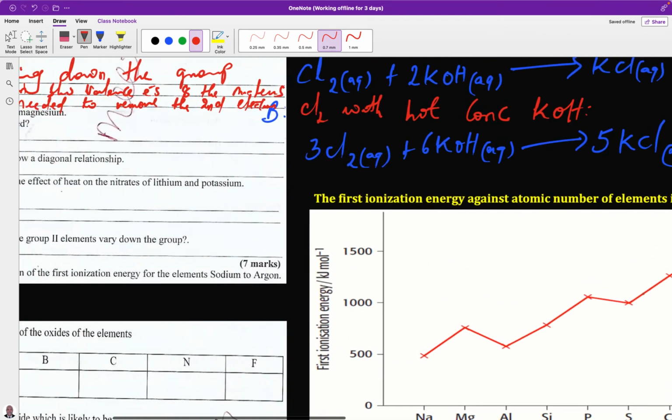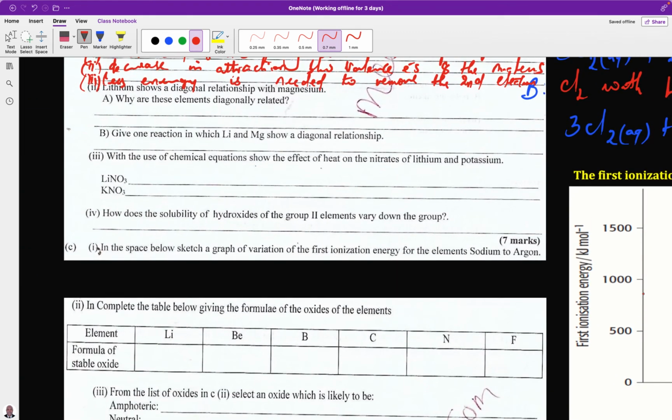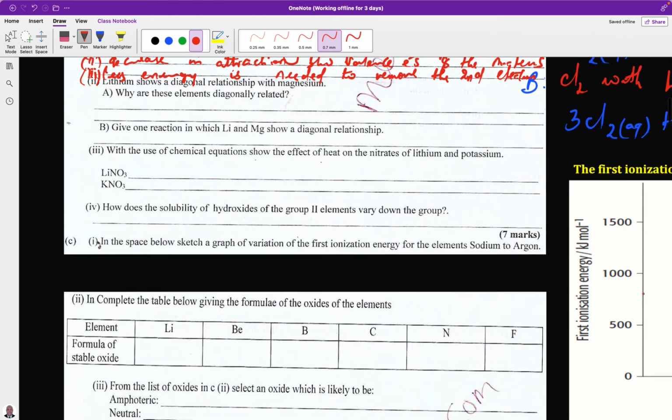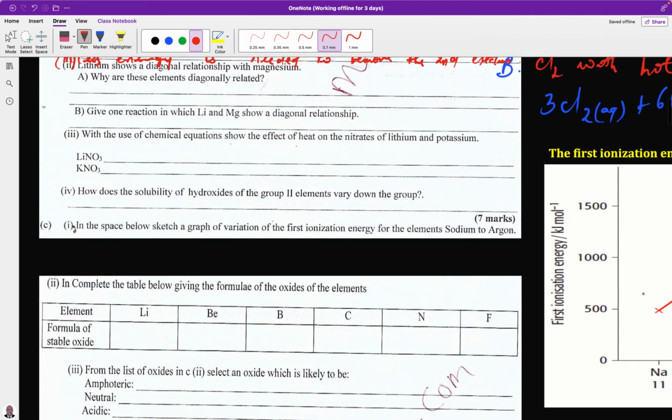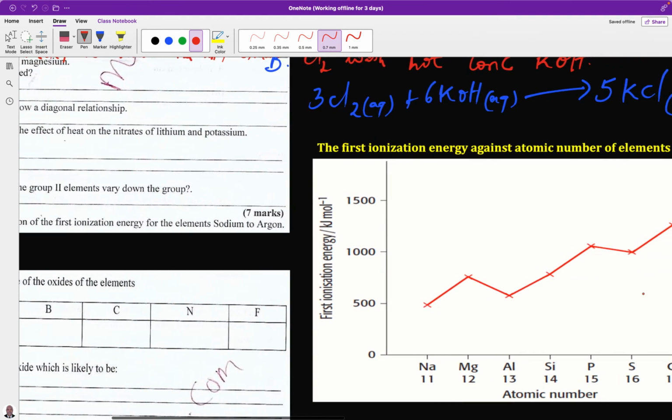Okay, it takes us to this other question that says, how does the solubility of hydroxide of group 2 elements vary down the group? As you go down the group, the solubility of hydroxide varies.